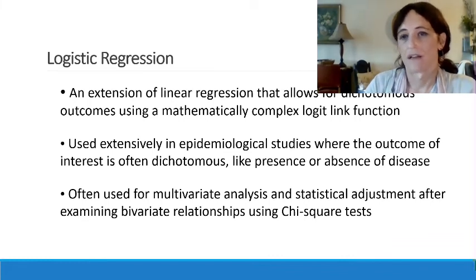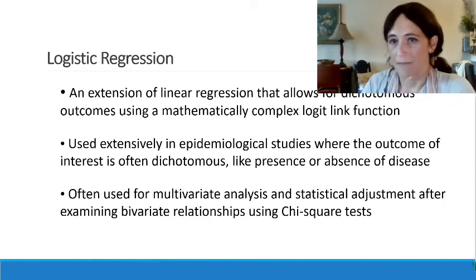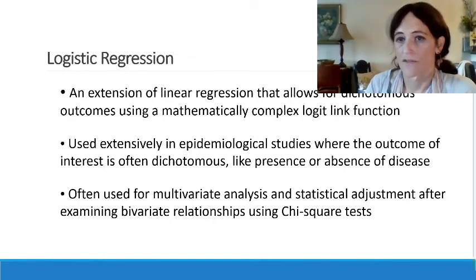Logistic regression is probably the technique that I use the most as an epidemiologist, only because we think in really simplified ways, which is, do you have the disease or don't you have the disease? And we're trying to predict outcome that way. Again, it's an extension of linear regression that allows for modeling of dichotomous outcomes.